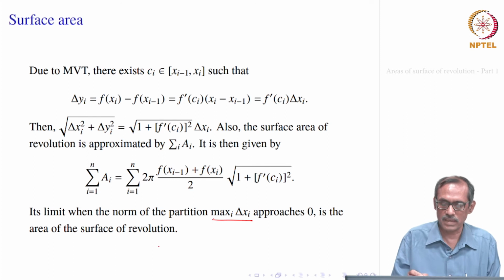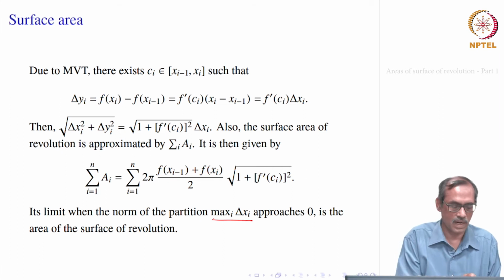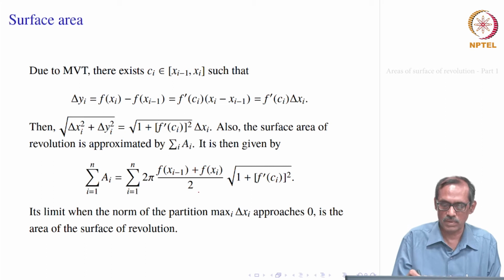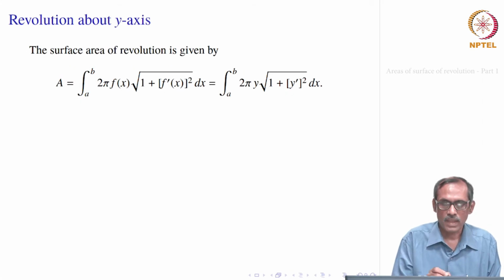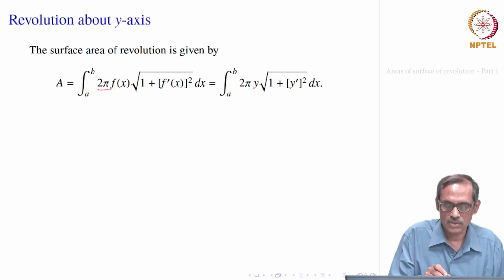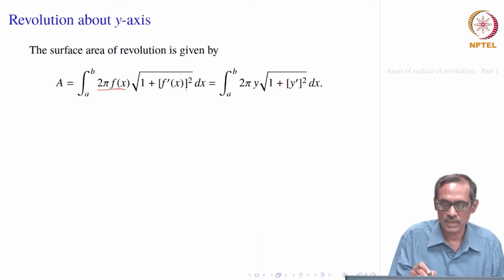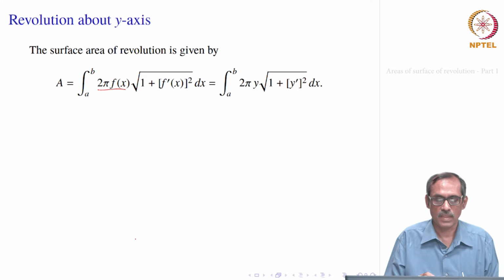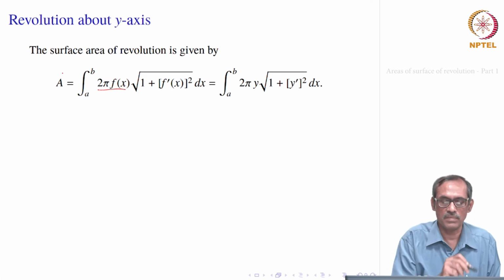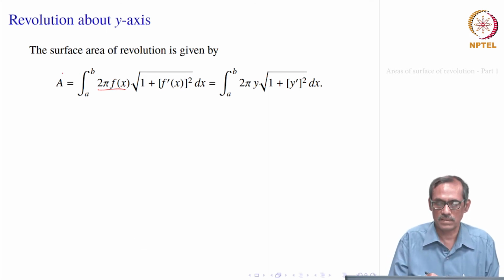So, what do we get in the limit? It will be square root of 1 plus f prime x square, and then it will be integral with dx, and this one will become y, the height y. So, we get 2 pi f of x square root of 1 plus f prime x square dx. That will be the definition of surface area of revolution for us.